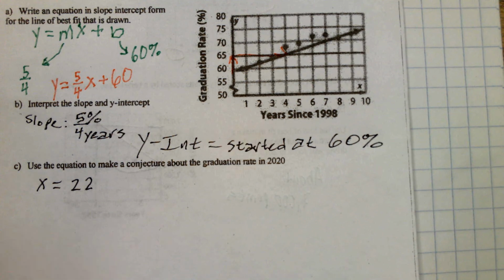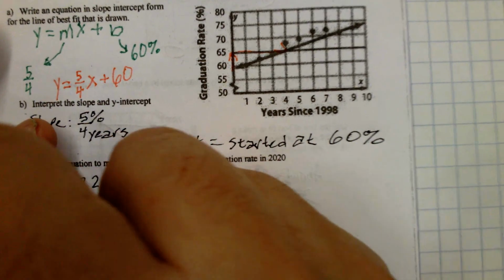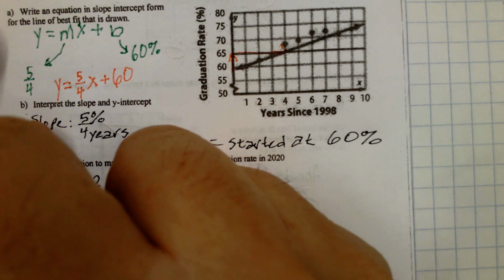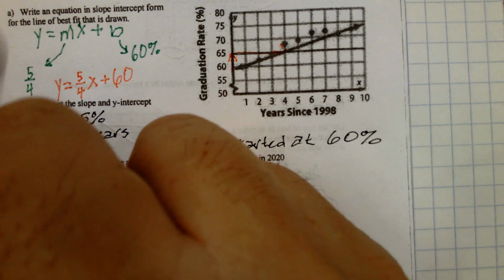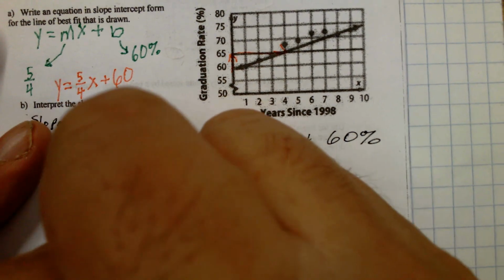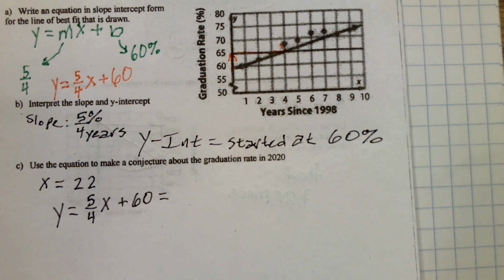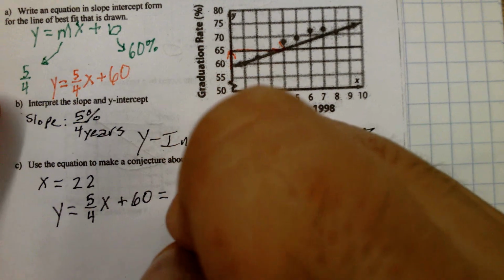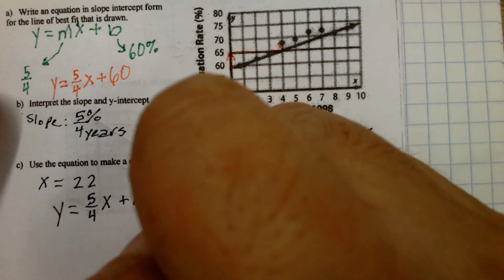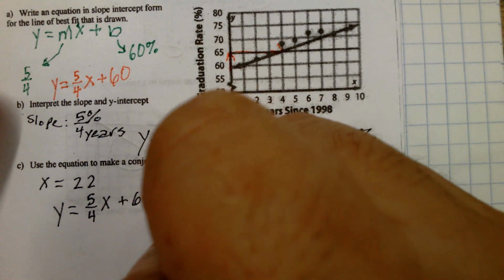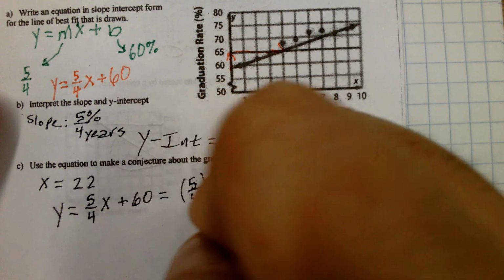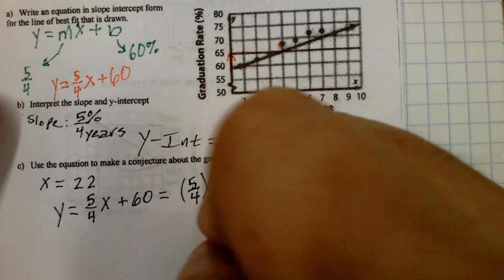Now the equation is y equals 5/4 x plus 60. Okay? So what we're going to do is plug in some numbers and then figure it out on the calculator. So we're going to have 5/4, but put it in parentheses.